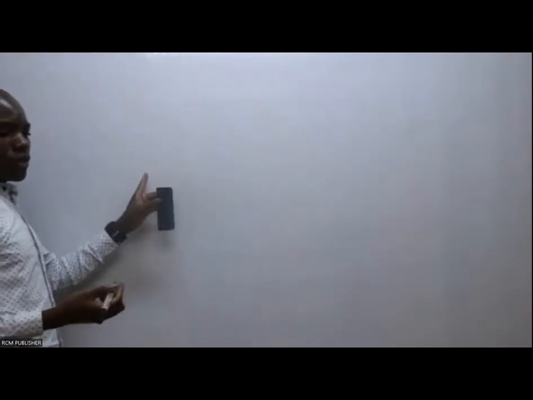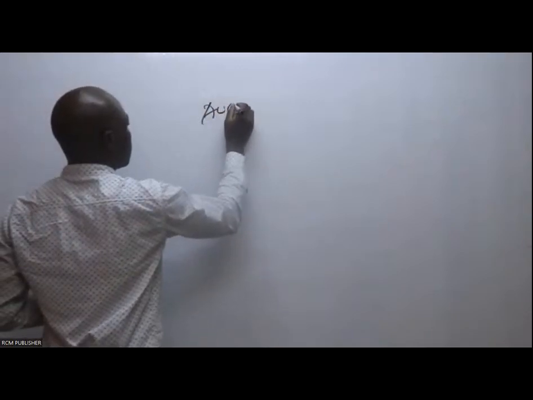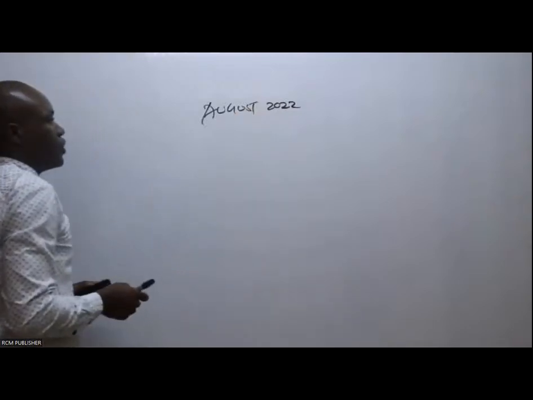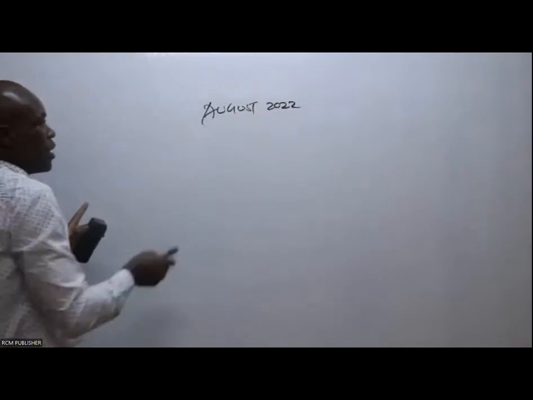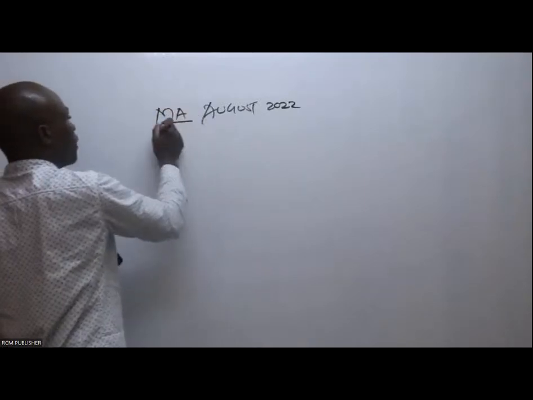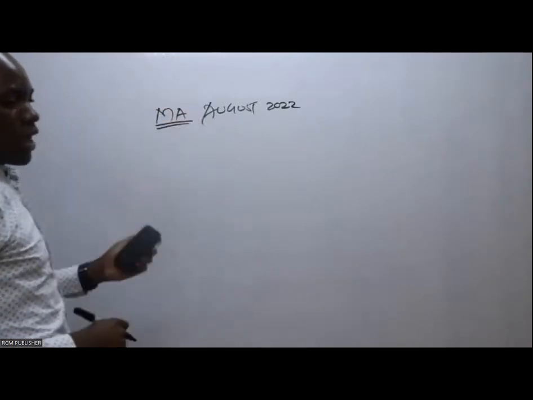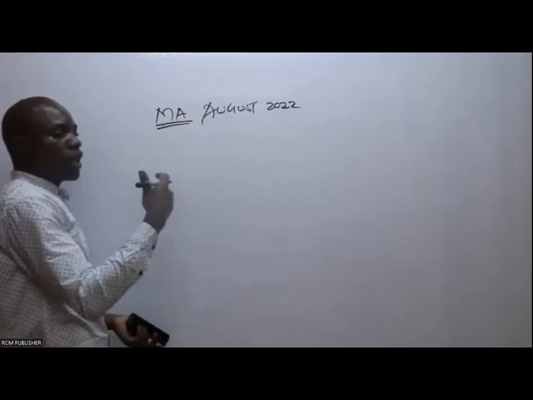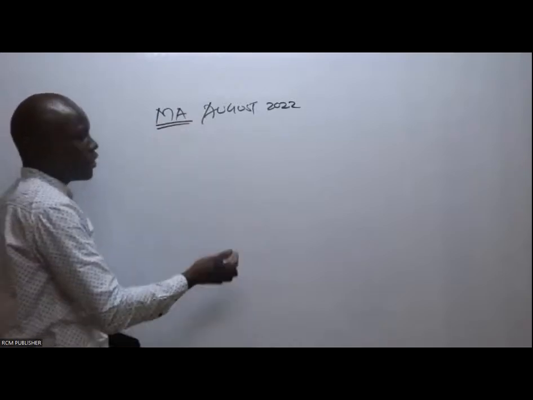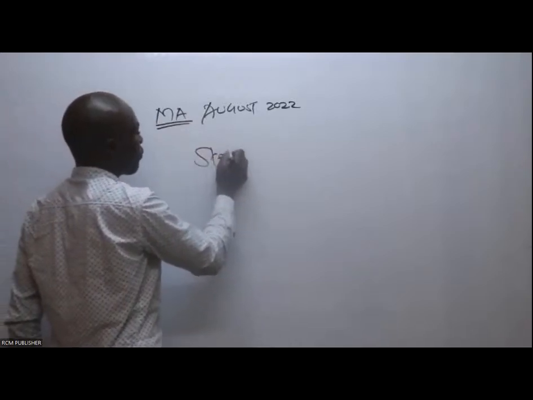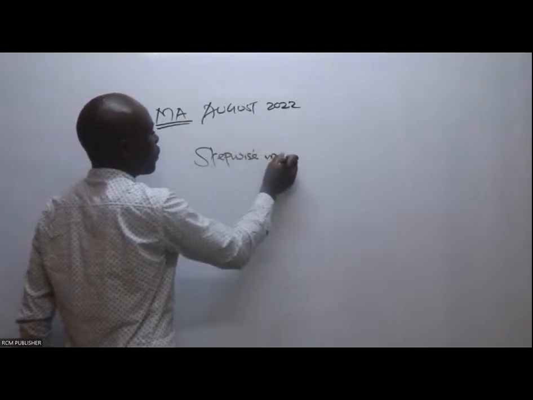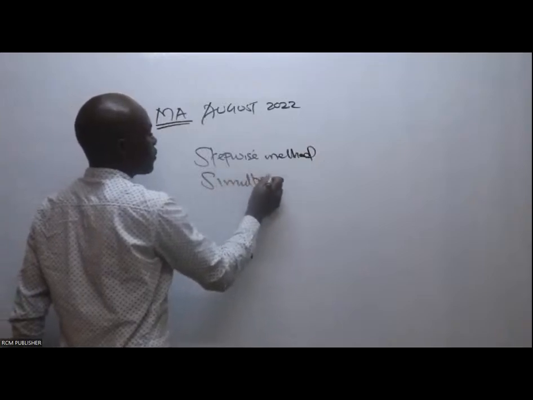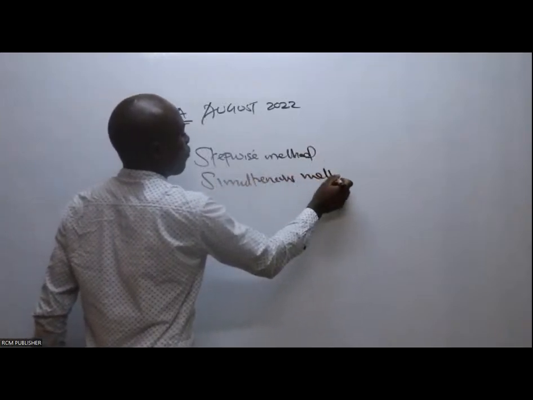If you want to get that concept, there's a question that was tested August 2022. There's a question there that is for MA, not ATB paper. I can't remember the question, but you are being asked to do what? First of all, do the reapportionment of the overheads using one stepwise method, then simultaneous methods.